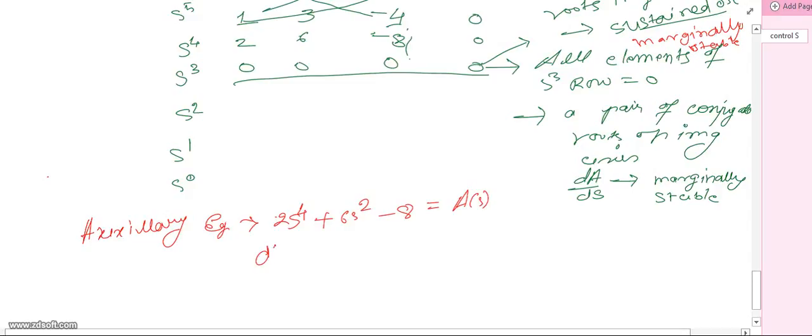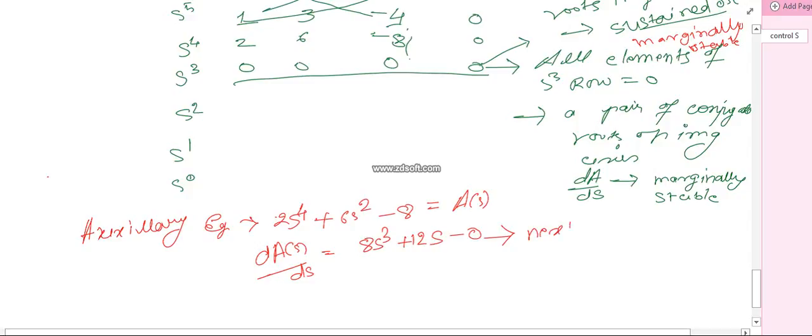So what is dA upon ds? This we get 8s cube plus 12s minus 0. So this would be the next row, the s cube row, replacing the previous row.